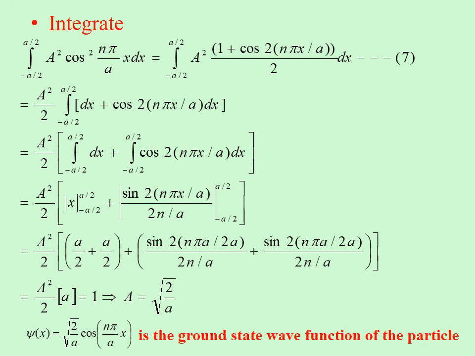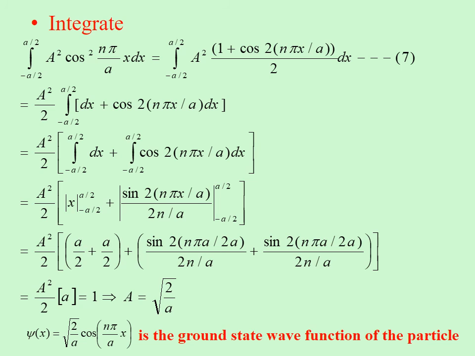If you integrate the first term, it is dx, and if you integrate it is x. So if you substitute the limit minus a by 2 to a by 2, then if you integrate the cos term, the integral of cos 2x is equal to sine 2x by 2.